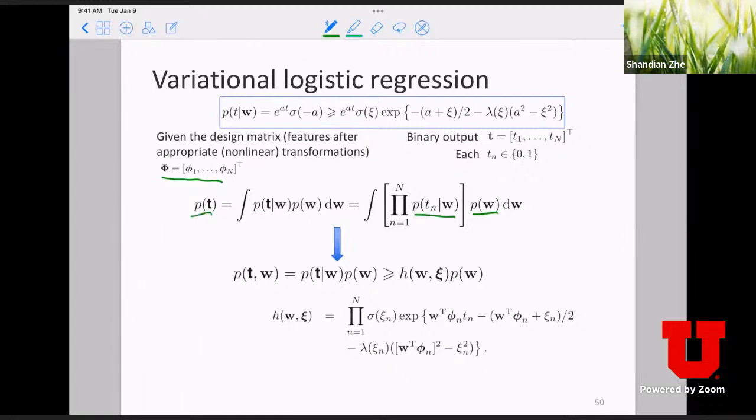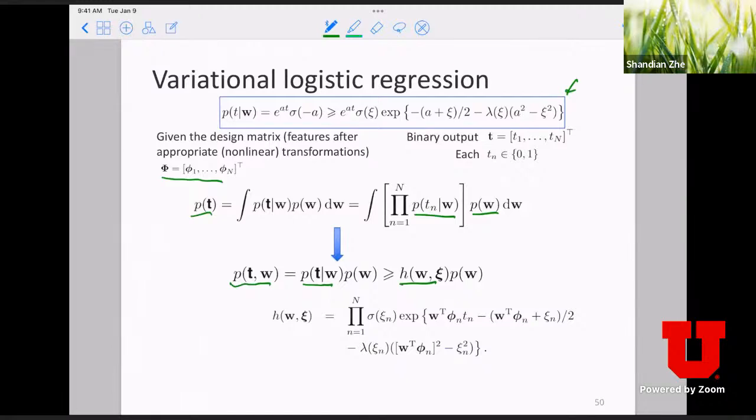If we want to compute the marginal likelihood, we need to marginalize w, which is infeasible. But if we lower bound each likelihood term in the joint distribution by the variational lower bound, we construct a much easier form to deal with.